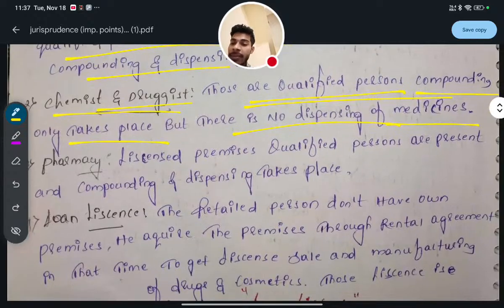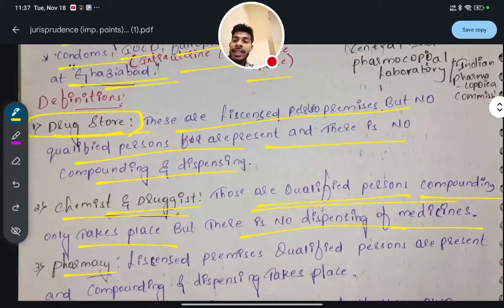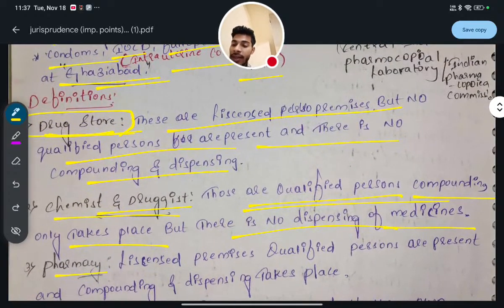Okay. Next, pharmacy. Pharmacy is not the drug store. It is simply called the medical store in general, but drug store is different and pharmacy is different. Drug store is a licensed premises. Premises means area, the location where the work goes on.